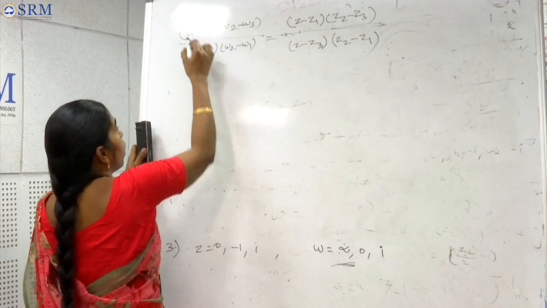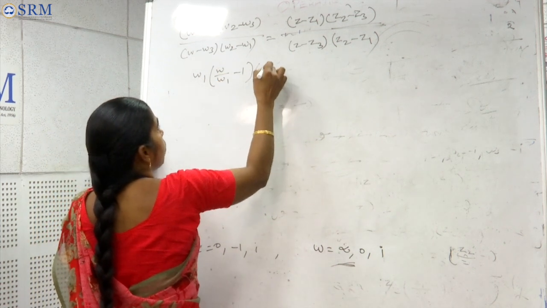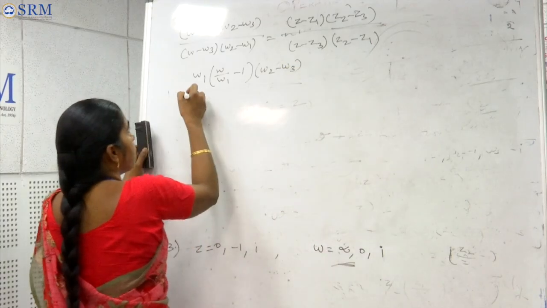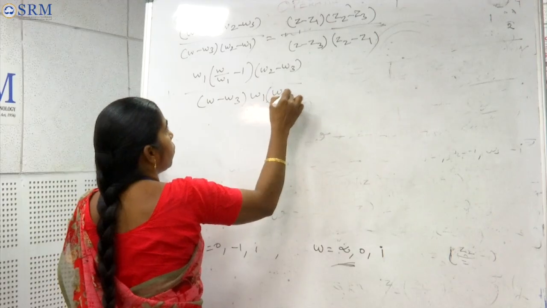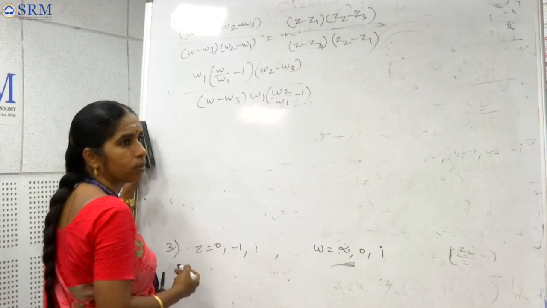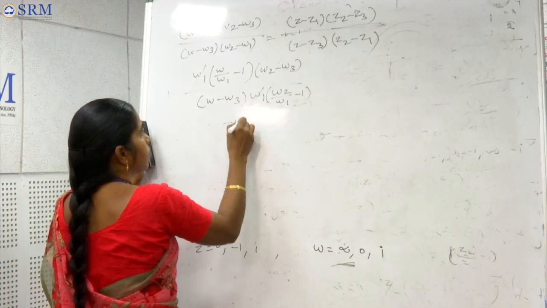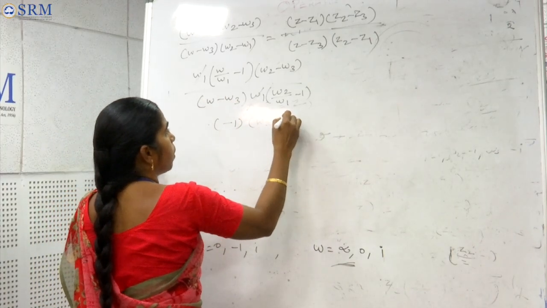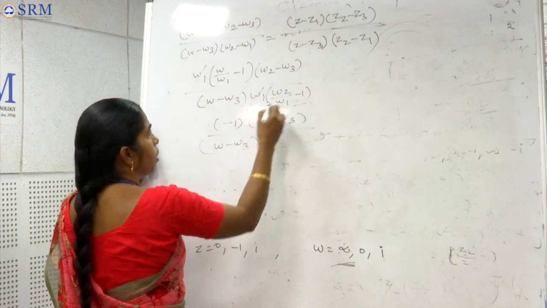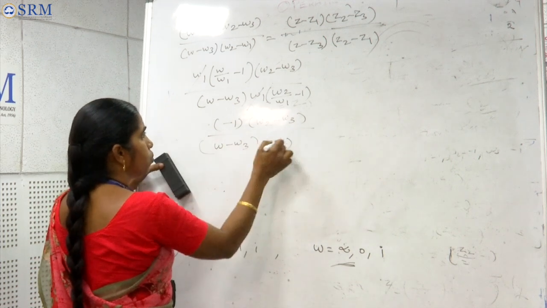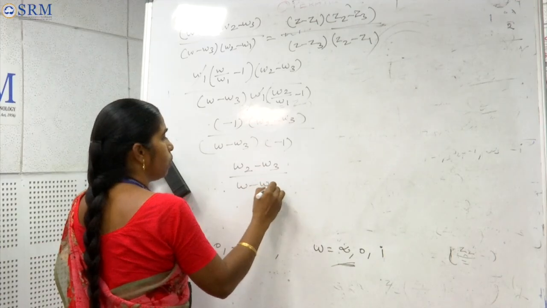So (W minus W1) over (W2 minus W1), I cancel W1 infinity, giving minus 1, times (W2 minus W3) divided by (W minus W3), with infinity minus 1 in the denominator. So this infinity is cancelled. The final answer is (W2 minus W3) divided by (W minus W3).